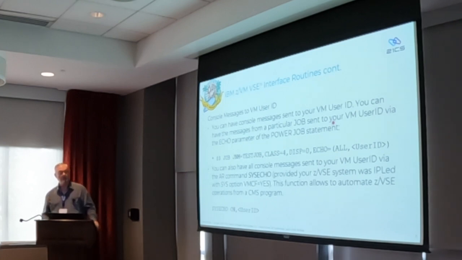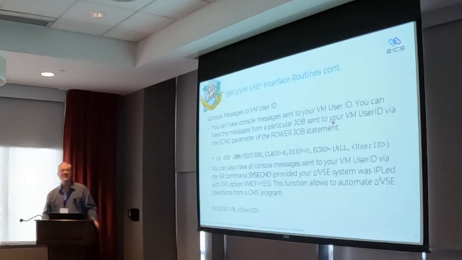You can also, with the AR command SYSECHO, say on your VSE console that you want all messages that show up on your console to be sent to a VM user ID, regardless of whether the ECHO on the POWER job control is on. I don't use POWER job control very much, so almost none of my jobs had any.